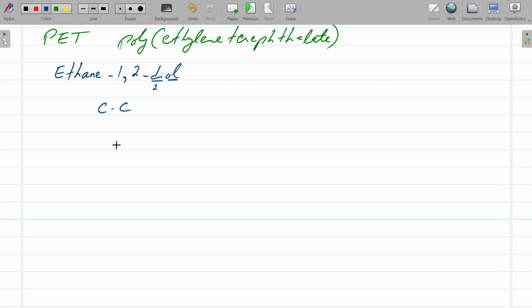What functional group is this? Which homologous series that we've studied so far would end with -ol?